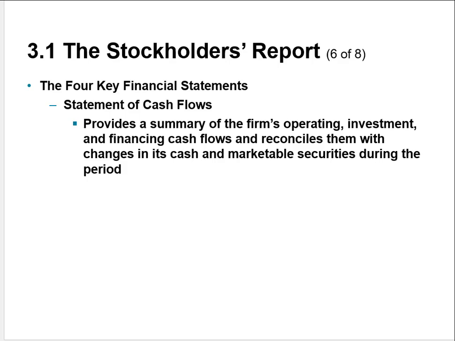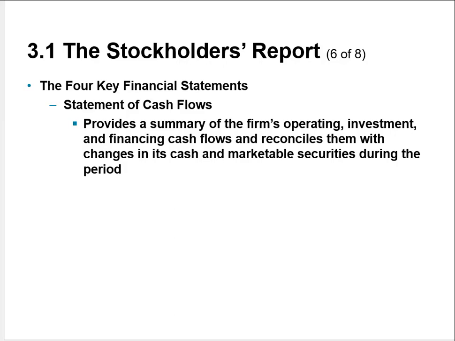Finally, we have a statement that's called the statement of cash flows. Now, the statement of cash flows, in my opinion, is a very important statement because it illustrates three basic decisions that management makes.